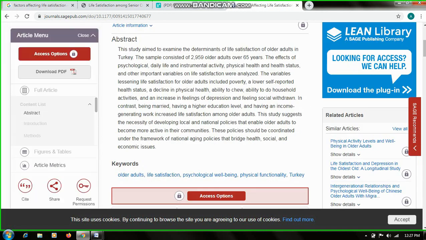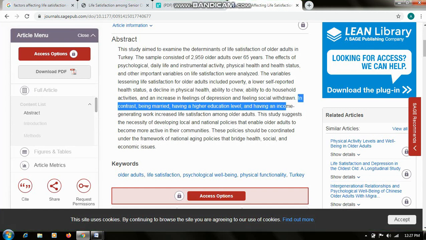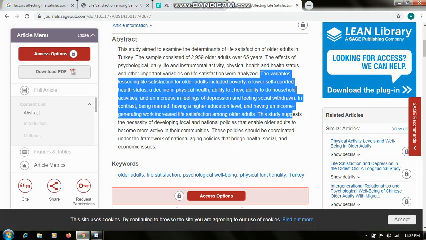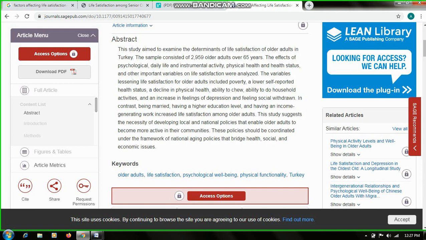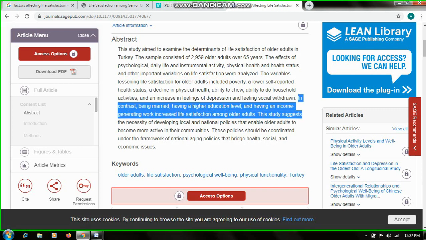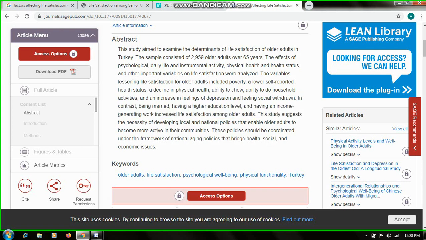Okay, so for example, in Turkey, you see, the variables or factors lowering life satisfaction are poverty, low health status, feelings of depression. But in contrast, being married, higher education, having income generating work increased life satisfaction.